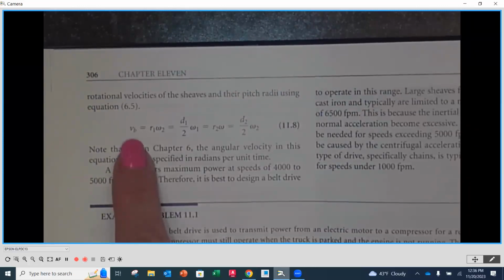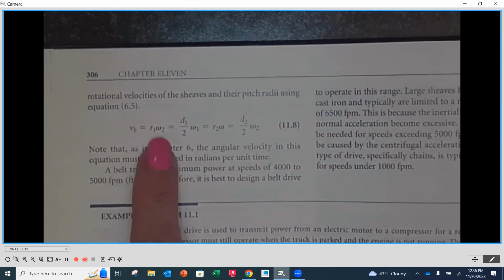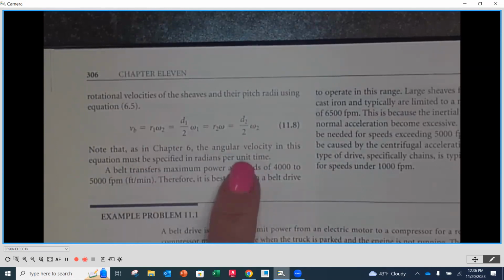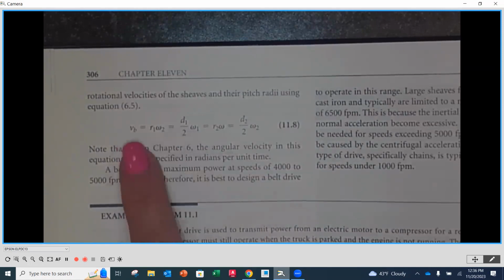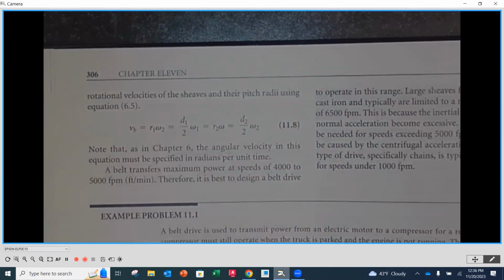It's that straight line velocity component, and it's going to be equal to the radius of our sheave times how fast it's going around, the rotational speed. But remember that this has to be in radians per second or radians per minute, whatever we're dealing with in terms of your unit of time. You cannot put RPMs in for that W, just like we couldn't for gears. So this is your pitch line speed, or in this case, they call it the belt speed. How fast is that belt going linearly?